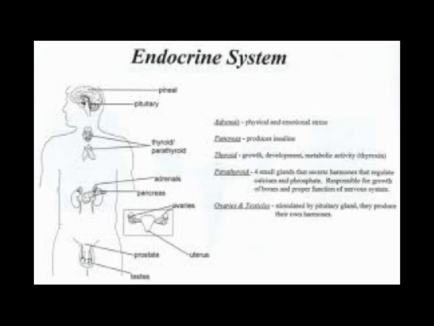All right. Follicle stimulating hormone done. Let's do thyroid stimulating hormone, or TSH. Now, the anterior pituitary gland actually produces this.